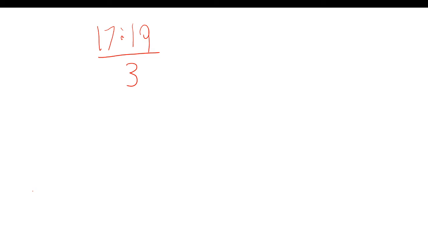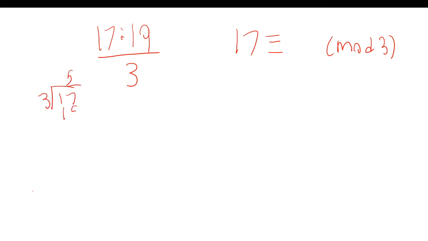So if we have 17 is congruent to what in mod 3? We can just do the division. 17 divided by 3 gives a remainder of 2. So this gives me 2 mod 3, and this congruence is true.